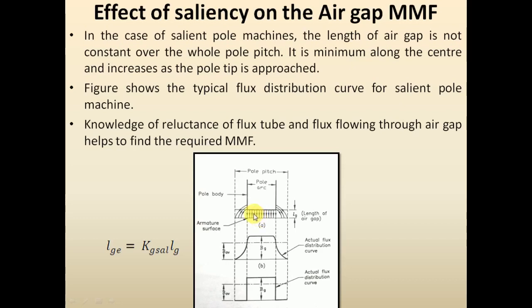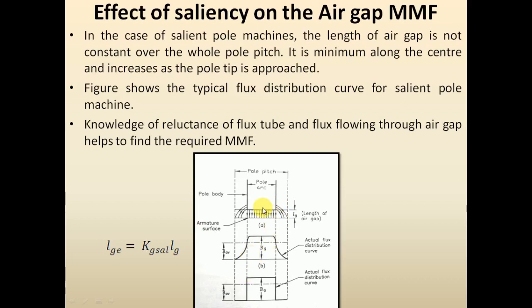Just like as shown in this figure, this portion can be considered as the pole center. Here the flux lines are almost uniform, and as we are moving towards the pole tip, the air gap length has been increased like this. See, the flux lines are starting from here, coming like this. So definitely this much will be the length of air gap. As the length of air gap is not uniform in the case of salient pole machine, definitely the flux distribution is also not uniform.